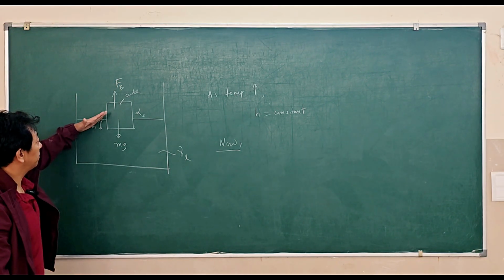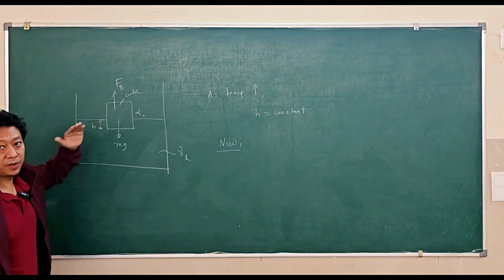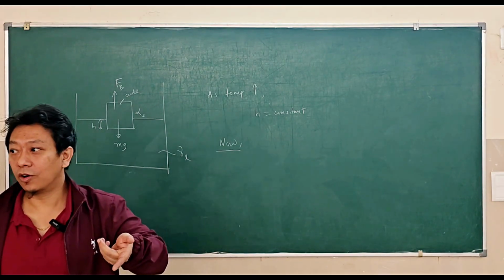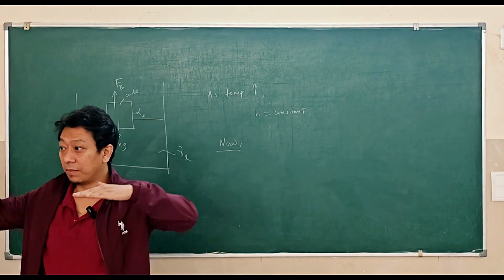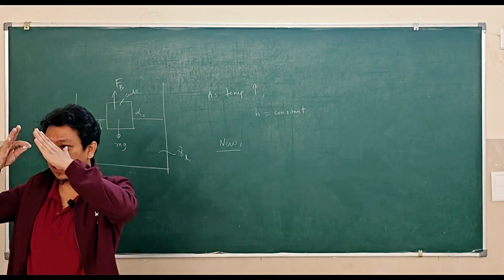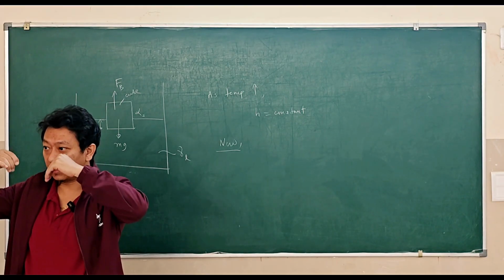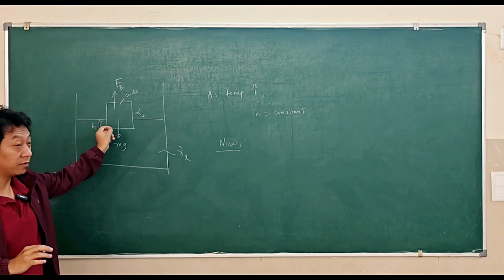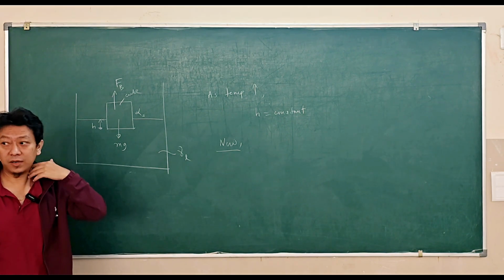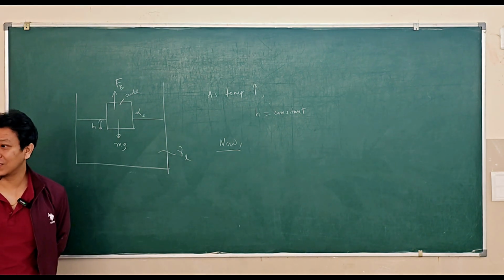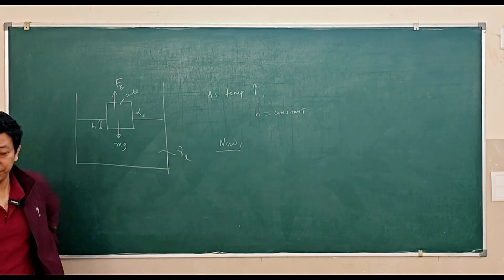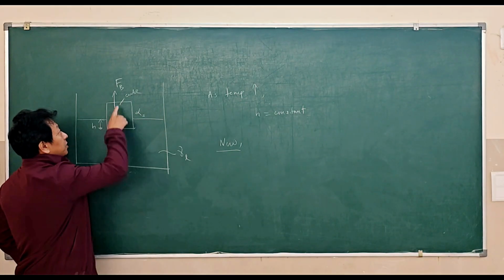Actually the surface of water may be like this or like this, depending on whether it wets the solid or does not wet the solid, if you remember. Water in glass like this, mercury in glass like this. So actually surface tension forces can act here, but nowhere in the question did they mention surface tension, so we will ignore it. So here mg, here buoyant force.